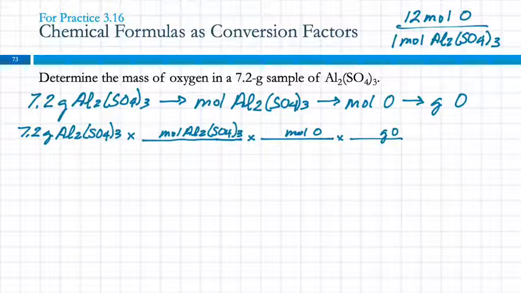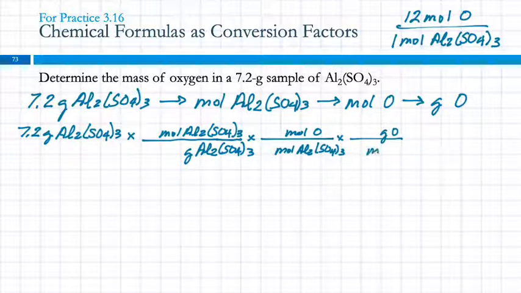Don't put any numbers in yet. And then down here, I've got grams of Al2(SO4)3, then moles of Al2(SO4)3 and moles of oxygen. And these cancel. And these cancel. And those cancel. Patterns.